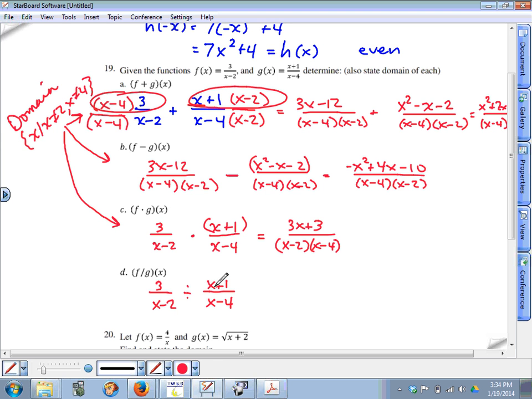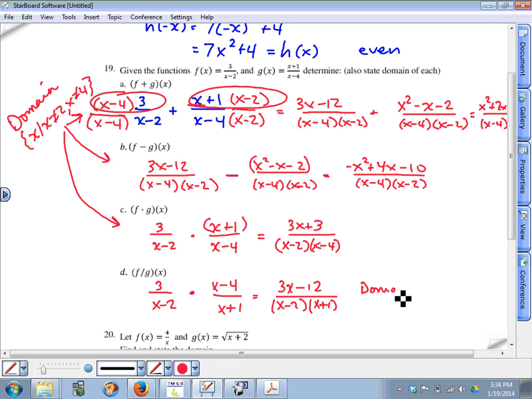Now, the way that you divide fractions is to invert this second fraction, so I'm going to write it as a reciprocal, x minus 4 over x plus 1, and now we can multiply. So in the numerator we're going to get 3x minus 12, and in the denominator we're going to have x minus 2 and x plus 1.